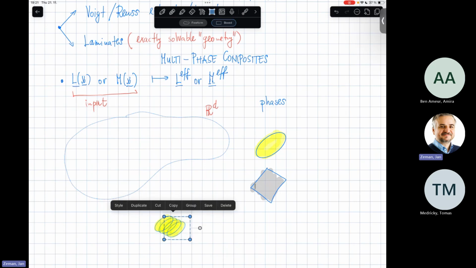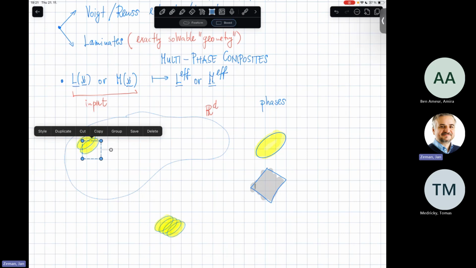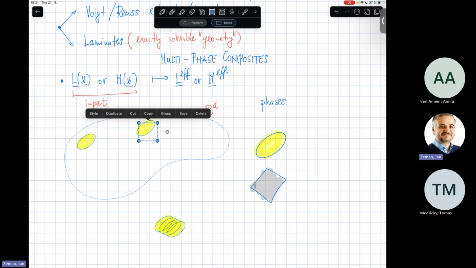And I will create several copies of this one. This is a bit challenging to imitate. Sorry, this is how I should have done it. I will draw several copies of those, which should be identical.